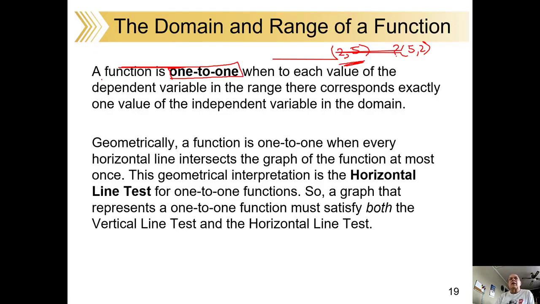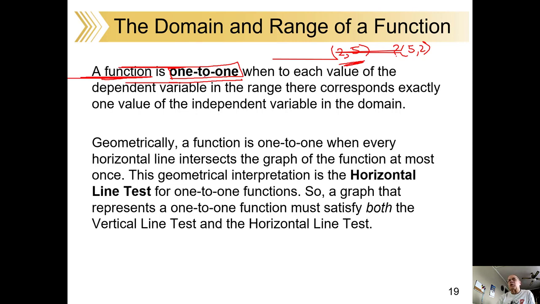Remember too that you can look at a graph of a function and you can tell it's a function because it passes the vertical line test. It never crosses the graph at more than one point for any particular vertical line. Well, 1 to 1, you've already given it the function test with a vertical line.